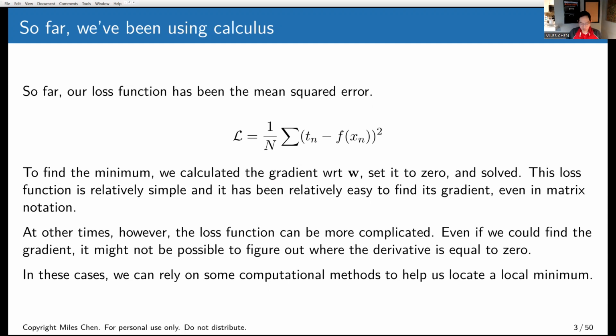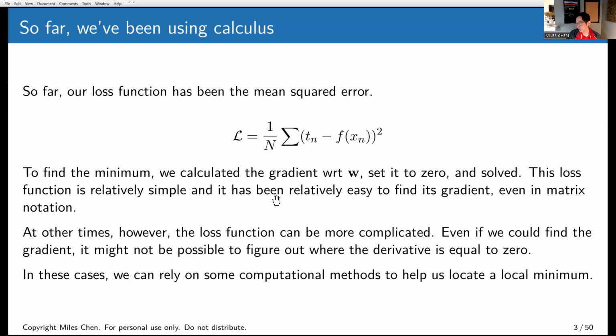And the way we solved for it was we said, well, you know what? We want to find the W, the weights that will minimize the mean squared error. And so what we did was we calculated the gradient of this with respect to W. We set that gradient equal to 0, and then we solved for W. And this loss function is pretty simple.